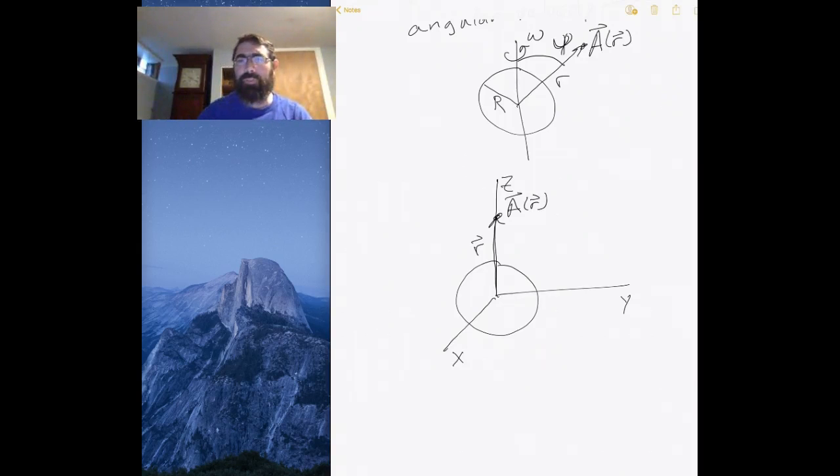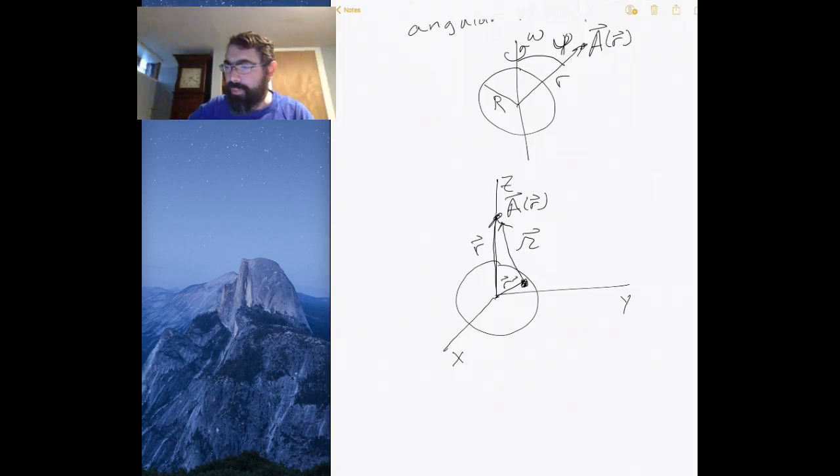So the distance from the origin to our point is r. The distance from the origin to a point on the sphere where the charge is, we're going to call r prime. And the distance between those two is script r.